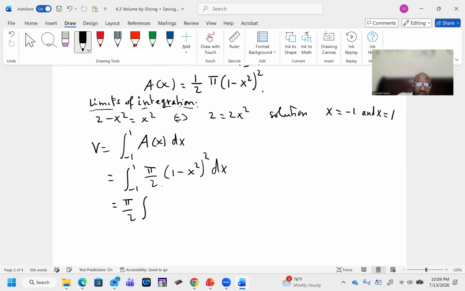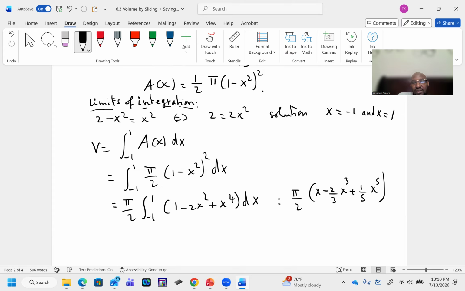The integral from -1 to 1 of 1 minus 2x squared plus x to the power of 4 dx. And I believe you know how to integrate this one, which will be pi over 2 times x minus 2 divided by 3 x cubed plus 1 divided by 5 x to the power of 5, from -1 to 1.